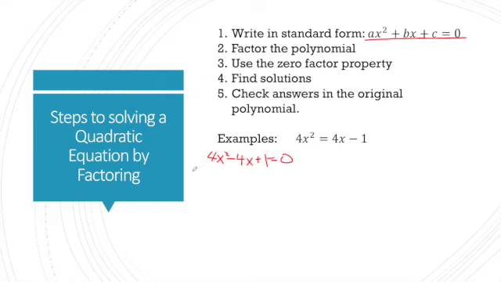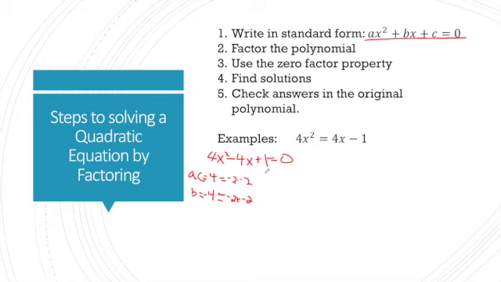Now I need to find the factors of AC, which is 4, that add up to -4. 4 could be -2 times -2, and -4 is -2 plus -2. So I can rewrite this middle term as -2x minus 2x.